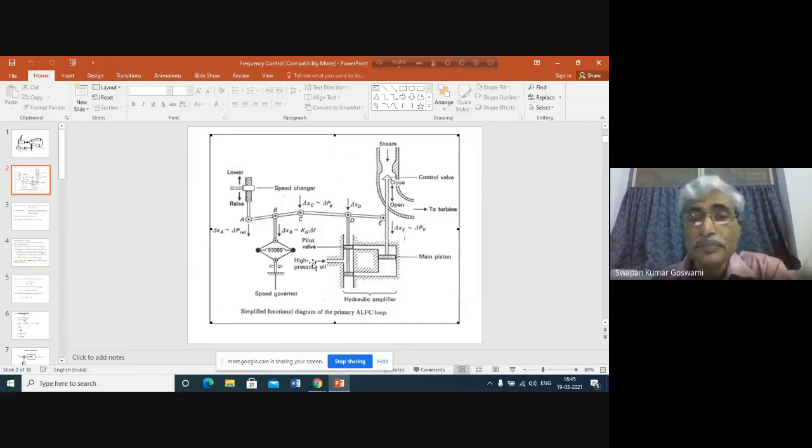Now, if the high pressure oil does not move, then can you change the position of E? You cannot, because for changing the position of E, you have to move this rod either downwards or upward, and you cannot do this because oil is not moving. So during steady state, that means when the speed of the synchronous machine is fixed, at that time point E cannot be moved.